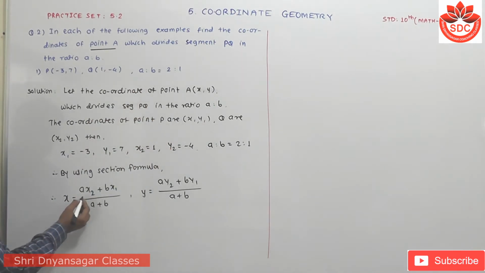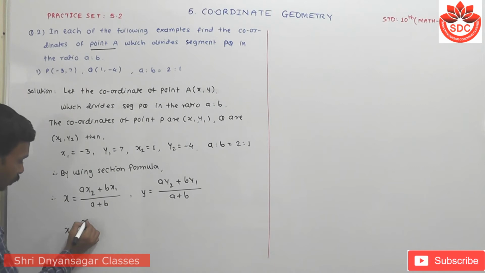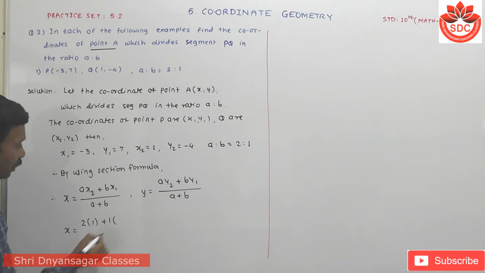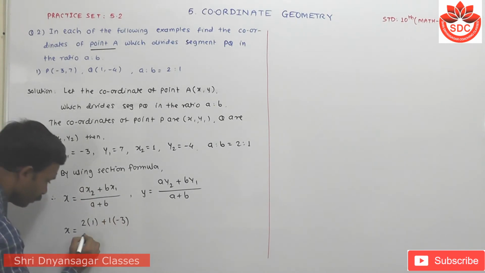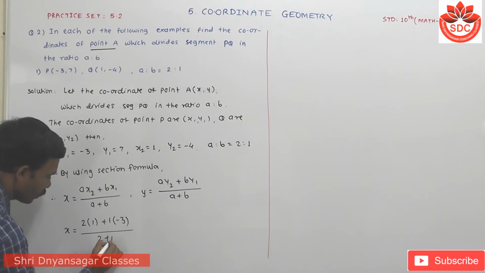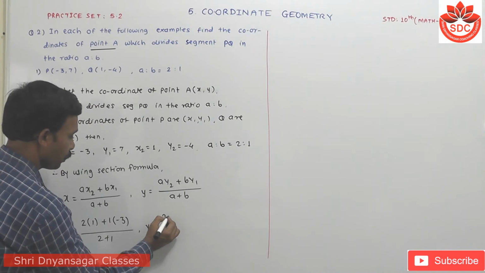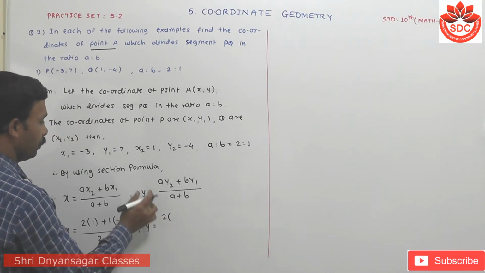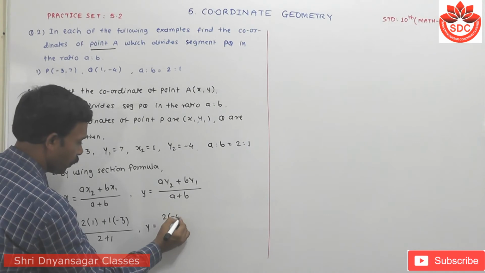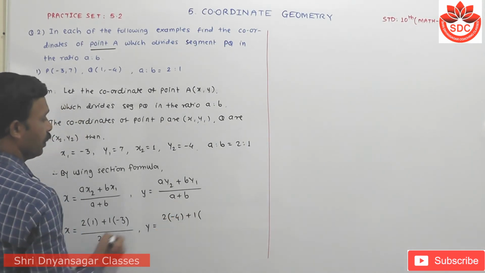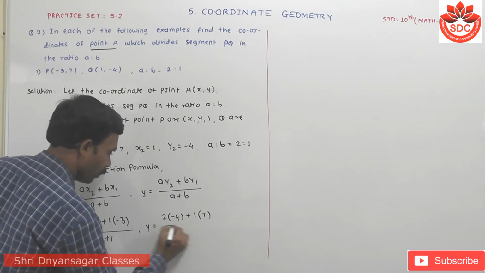So substitute the values of x1, y1, x2, y2 and a and b. We get x is equal to a is 2, then x2 is 1 plus b is 1, then x1 is -3 upon 2 plus 1, and y is equal to a is 2 into y2 is -4 plus b is 1 into y1 is 7 upon 2 plus 1.